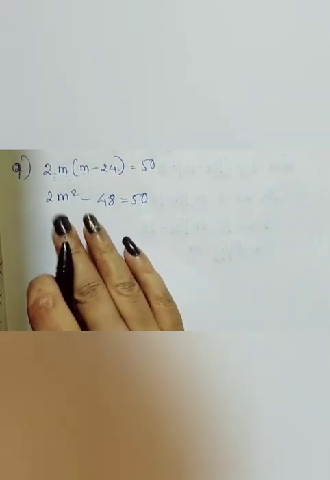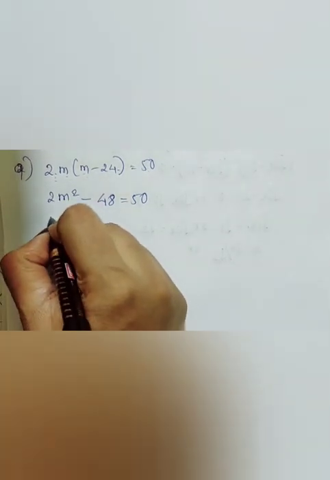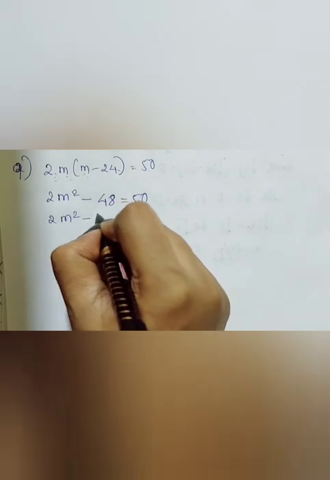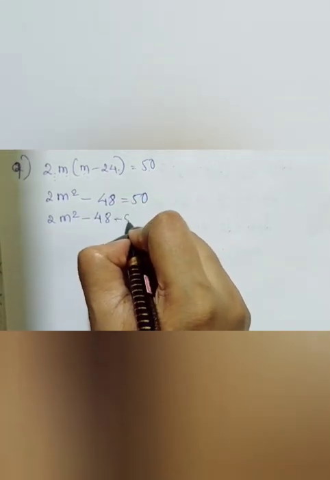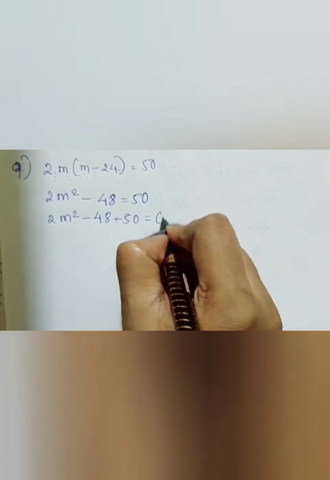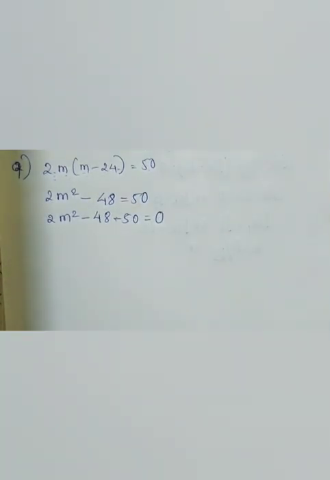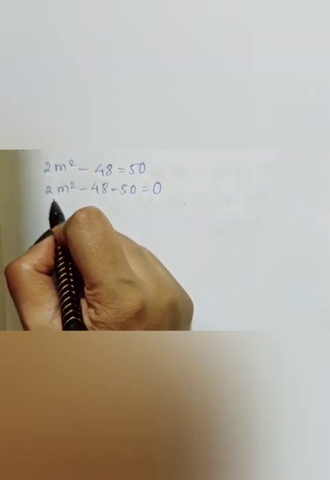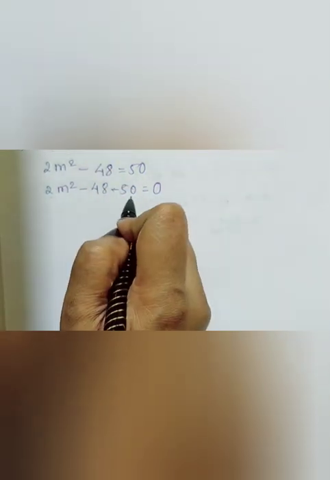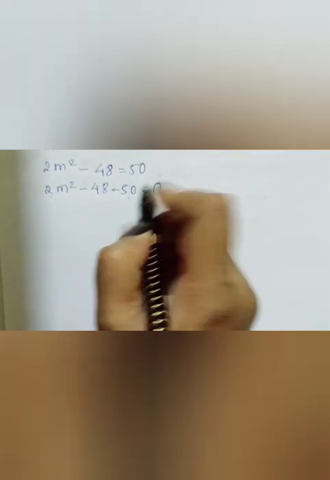See, it's not in the standard form. Again we have to do what? 2m square minus 48m. This 50 will come this side, the sign will change. 50 minus 50 equal to 0. As you can see, again we have to multiply the first term with the third term.